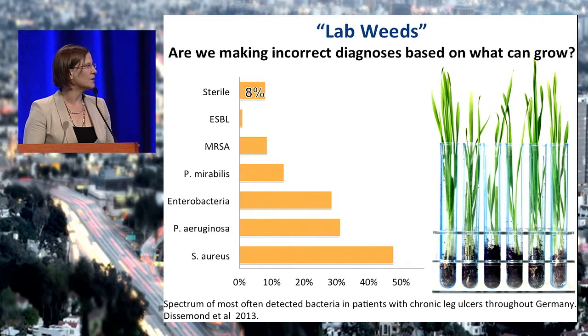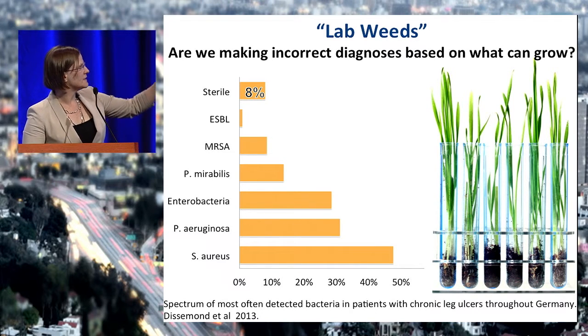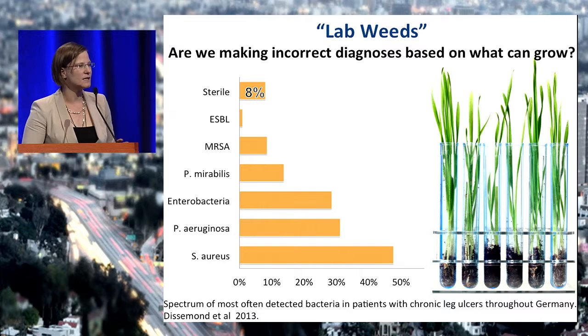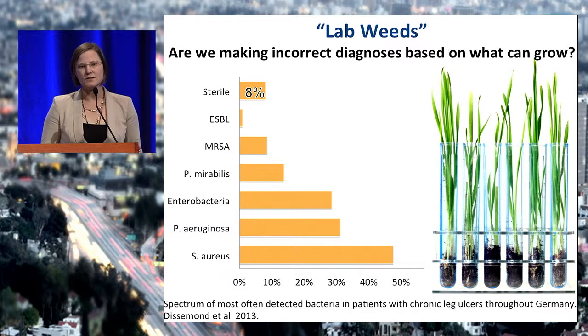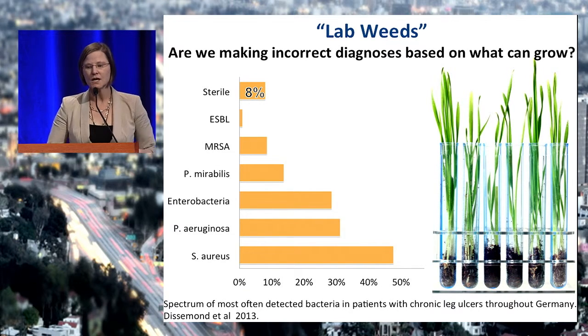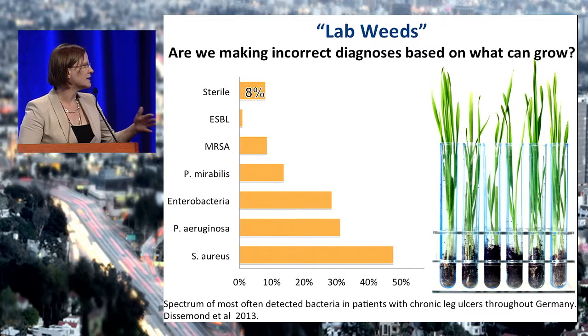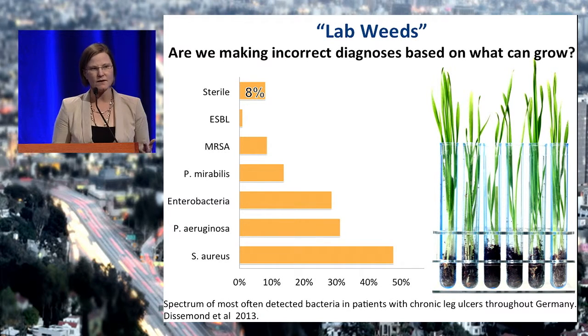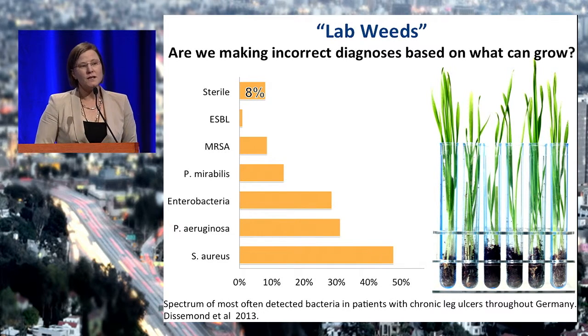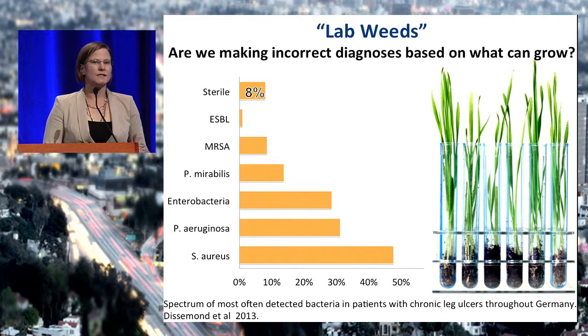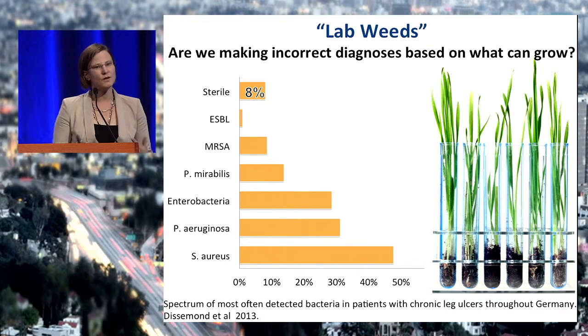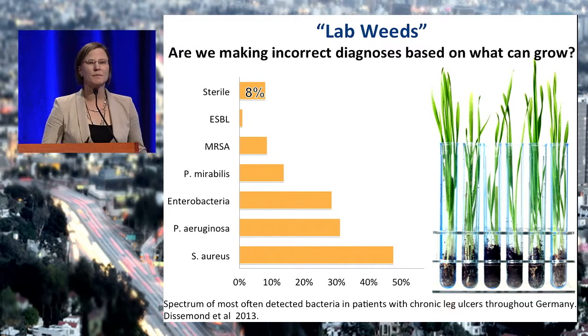So for example, Staph aureus here in this recent study by Desmond et al. of 970 different ulcers showed that the majority of ulcers are Staph aureus, but are they really, or is this really just because, of course, it's a pathogen, but it is also an organism that grows very well in culture. So could we be biasing our results?